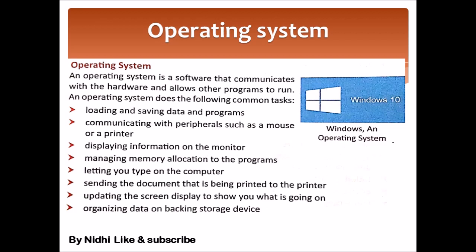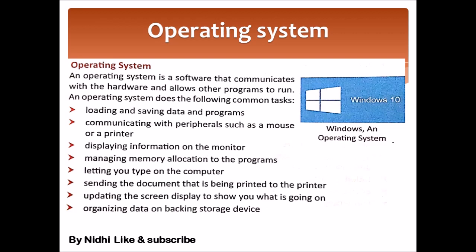So the first task the operating system performs is loading and saving the data and programs. Second is communication with peripherals such as the mouse or printer. It also does the work of displaying information on the monitor, managing all the memory allocation to the programs, letting you type on the computer and sending the documents that are being printed to the printer.